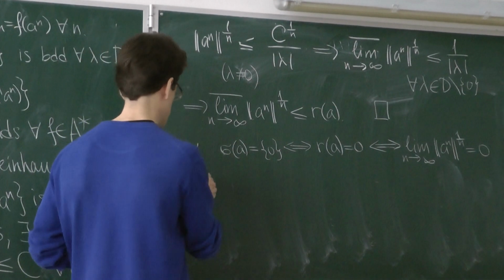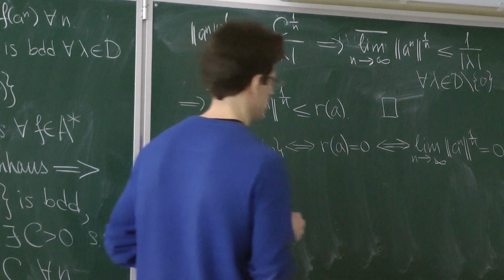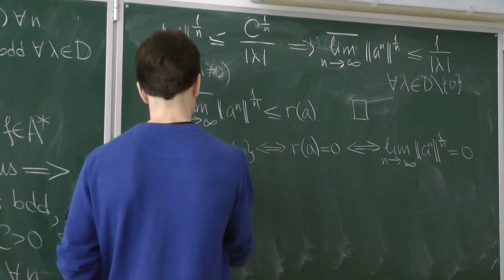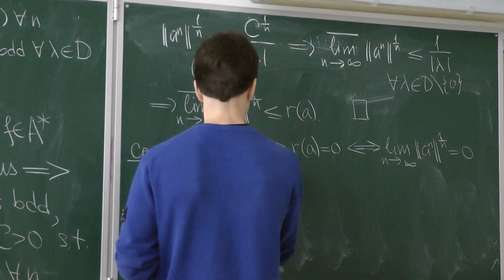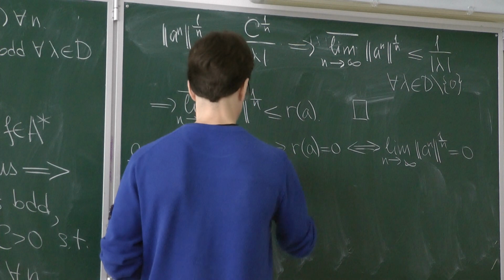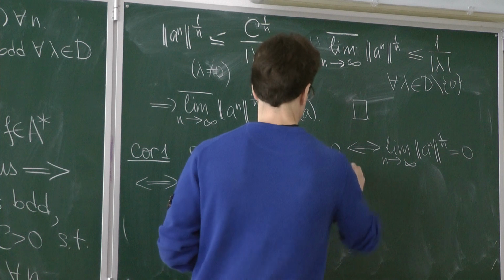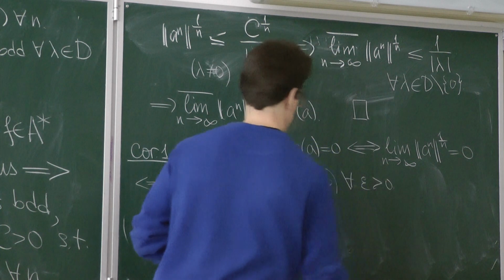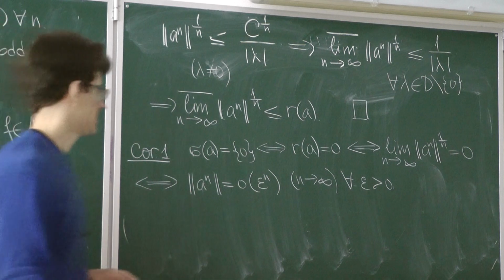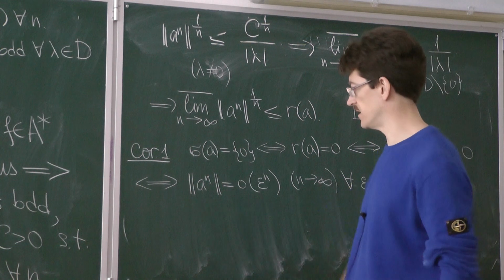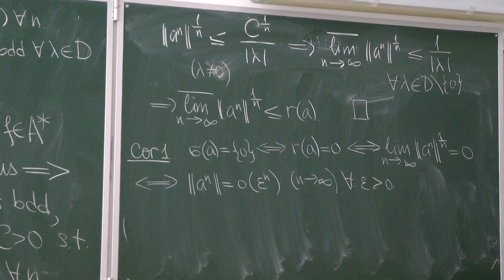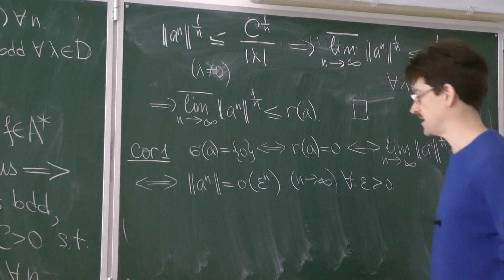And more explicitly, this means that the norm of a to the power n has the following property. In other words, the norm of a to the power n goes to 0 very quickly. So it goes to 0 faster than any geometric progression.